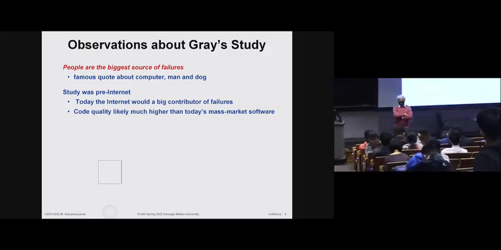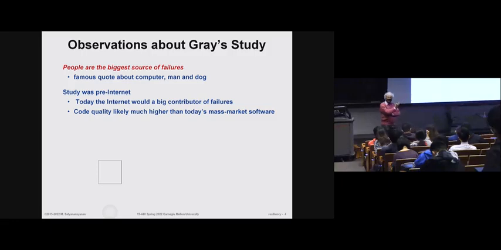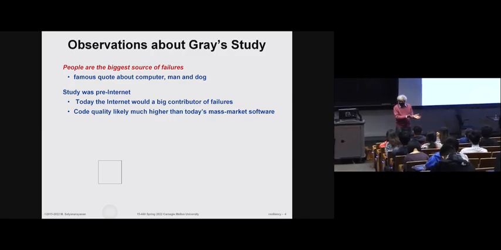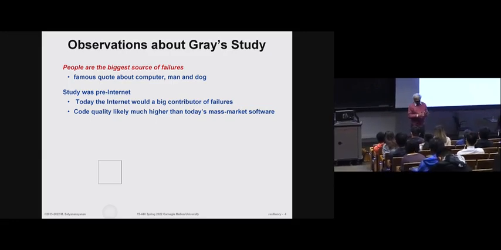So keep in mind something. That study that I quoted to you, Jim Gray's study, is pre-internet. The mainframe. The chances that those failures have increased is actually quite significant, because code today, depending on who's writing the code, you have all experienced code.